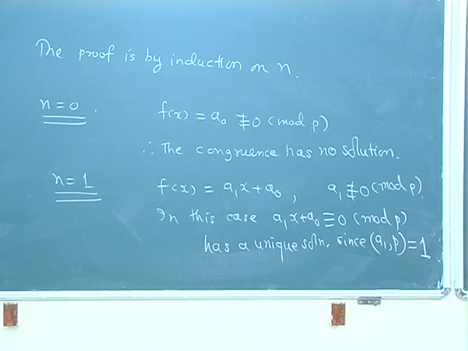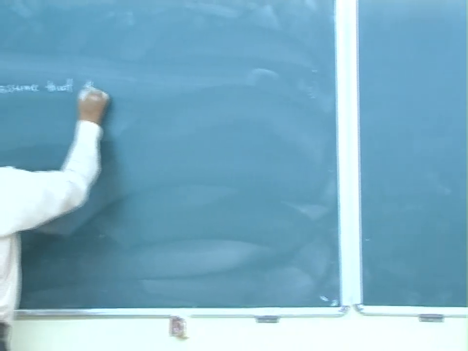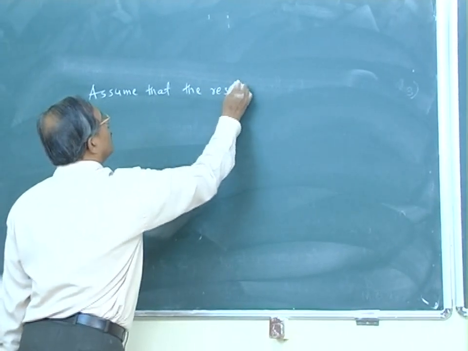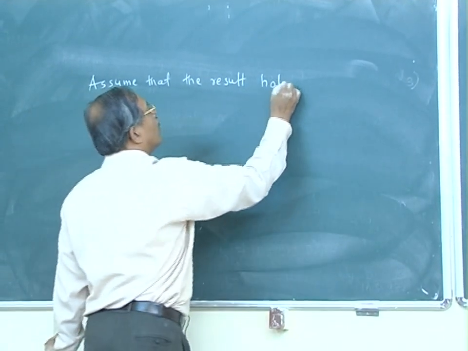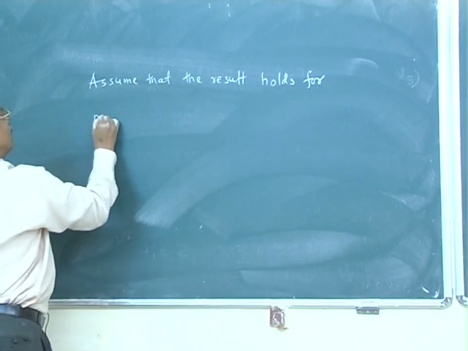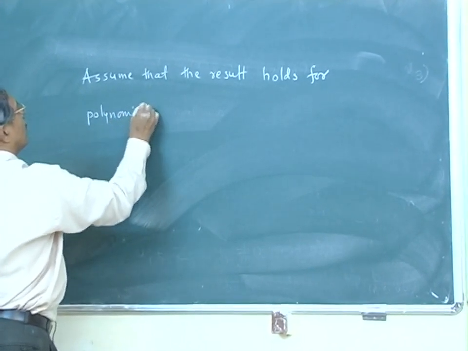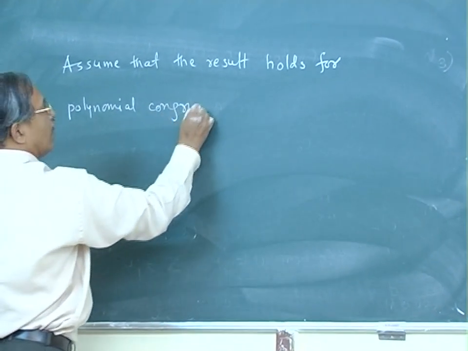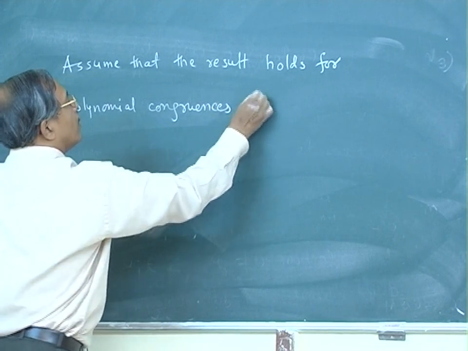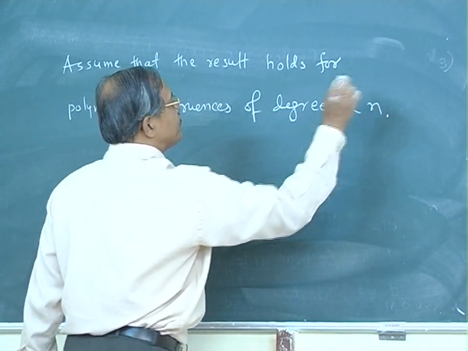Okay. So now assume that the result holds for polynomial congruences of degree less than n.